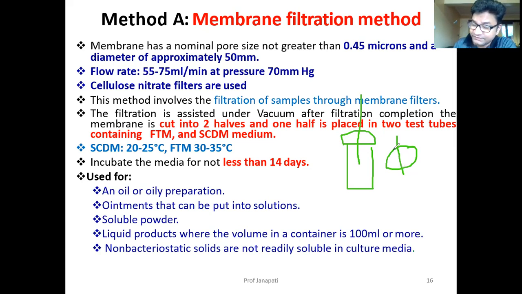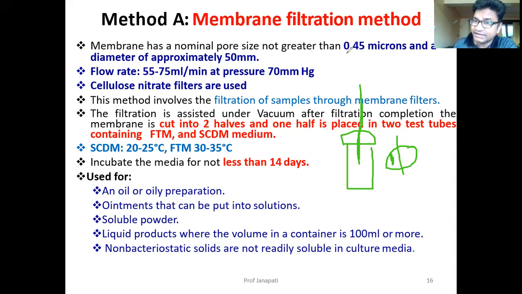Why? We are not using the product here. We are making the product pass through the filter paper, and now the filter paper is cut. Whatever the contents present came onto the filter paper. Now that filter paper you are checking.